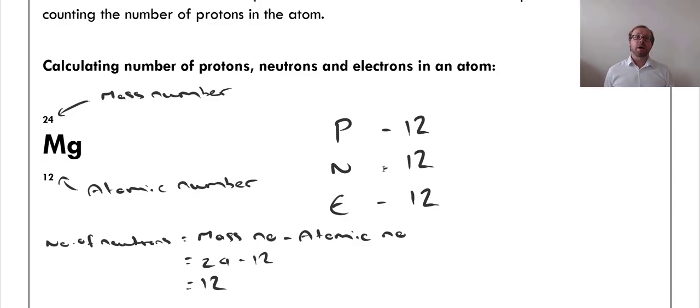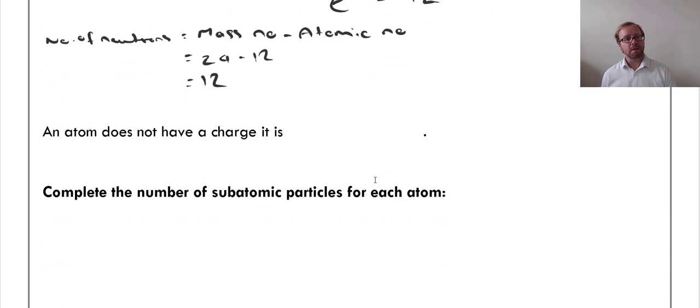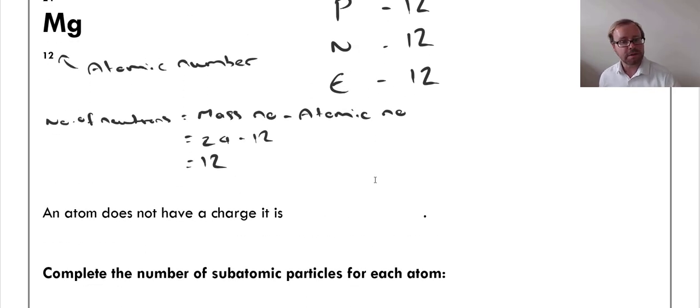So we can work out our number of protons, neutrons, and electrons from these two numbers. As we said previously, an atom does not have a charge, it is neutral. And that's why our protons and our electrons must equal each other if we have an atom.